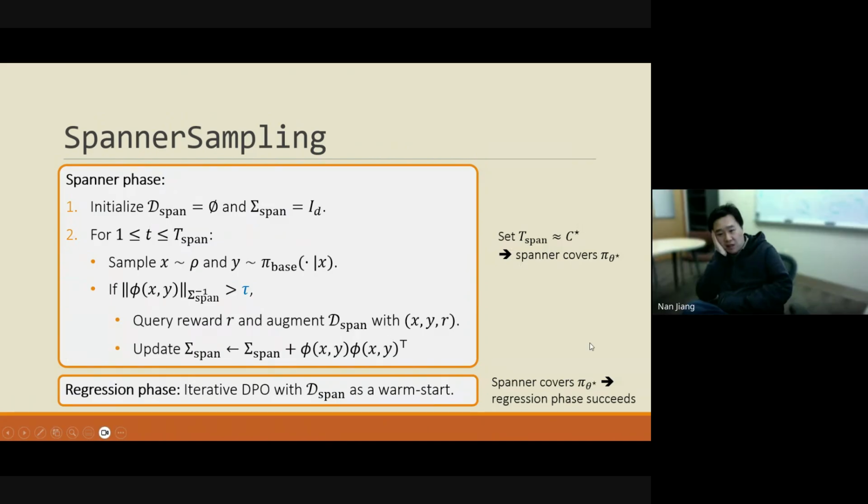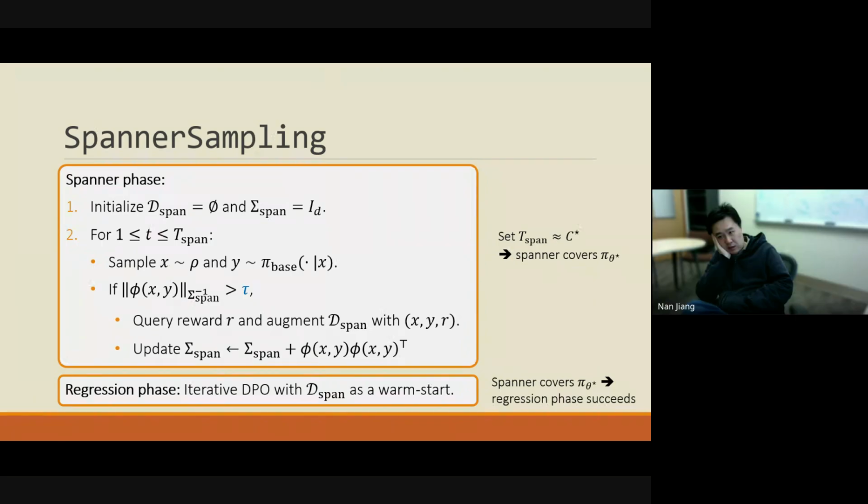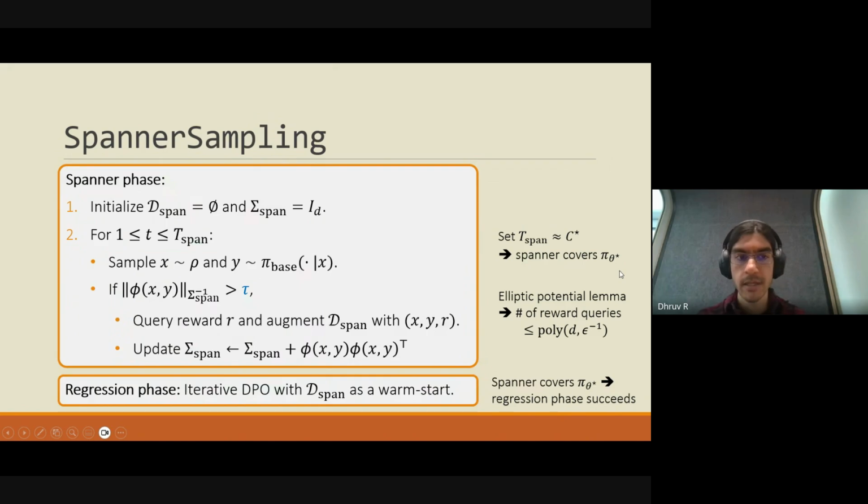Here, when you say covers, I guess you're no longer measuring coverage by density ratio. That's correct. I'm measuring it in feature space. I'll show on the next slide exactly what that means. Okay. And the third thing is to show that the number of reward queries in the spanner phase is not too large. And you do this using the elliptic potential lemma to argue that you're only adding polynomial in d number of things to your spanner.